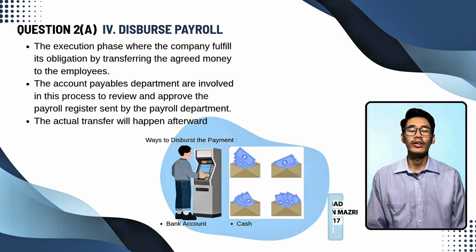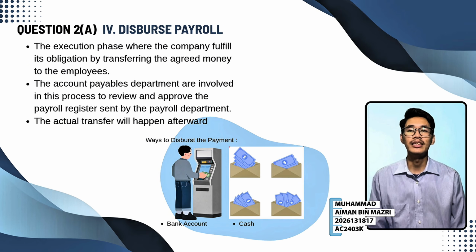We will move on to the next process, which is disburse payroll. What is actually the process of disbursement of payroll? It is an execution phase where the company fulfills its obligation by transferring the agreed money to the employees. The party responsible in this phase is the accounts payable department. They are involved in this process to review and approve the payroll register sent by the payroll department.